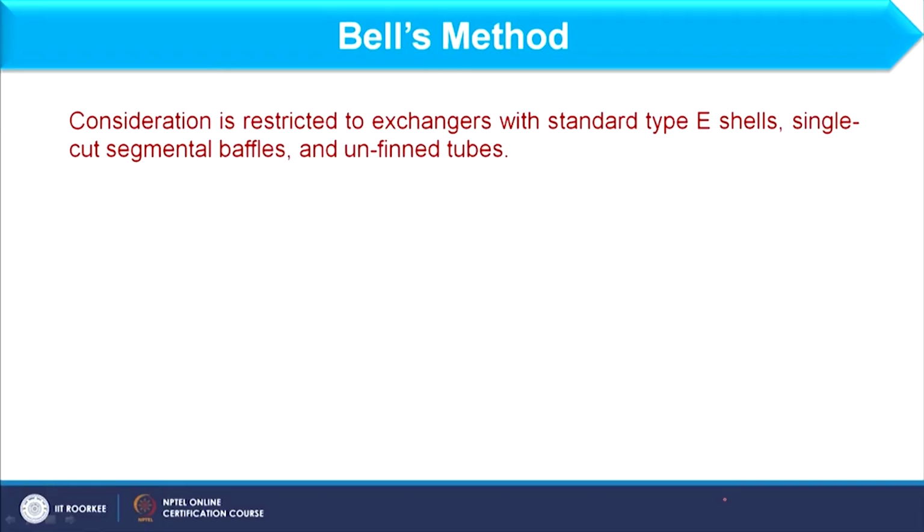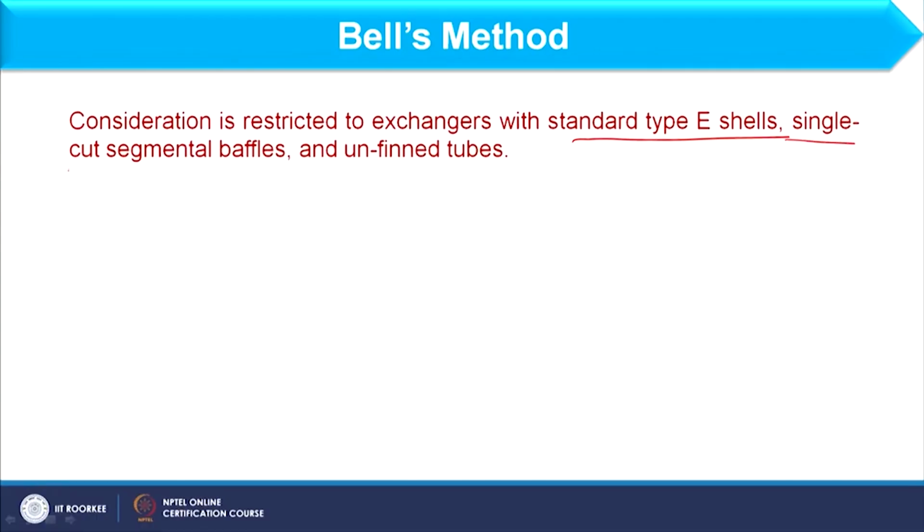Okay. And as far as Bell's method is concerned, in this case we consider E shell, that is the simplest type of shell. E shell, I hope you remember, we have discussed all shell arrangements in the topic where shell is discussed in detail, that is before Kern's method design.